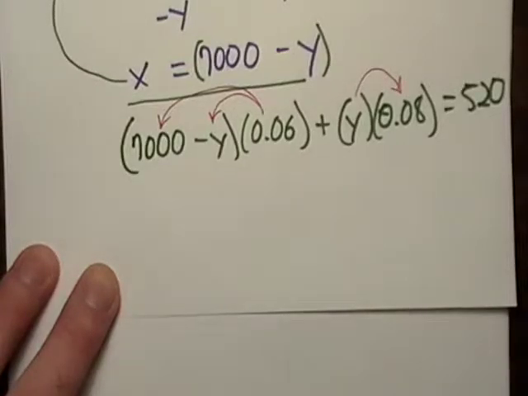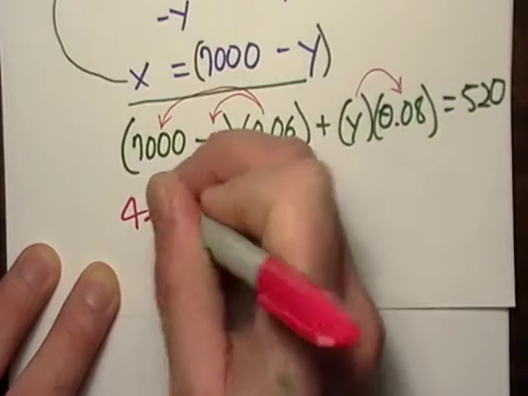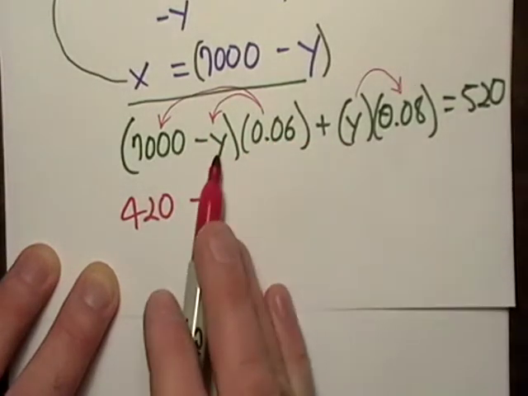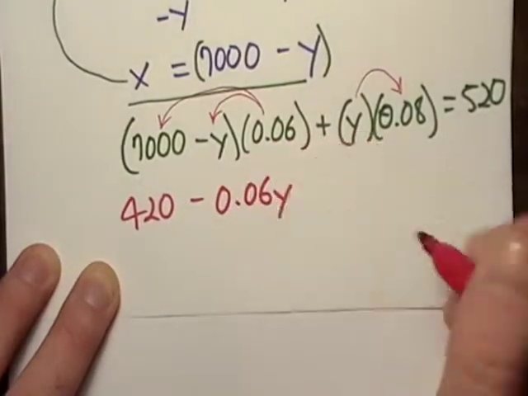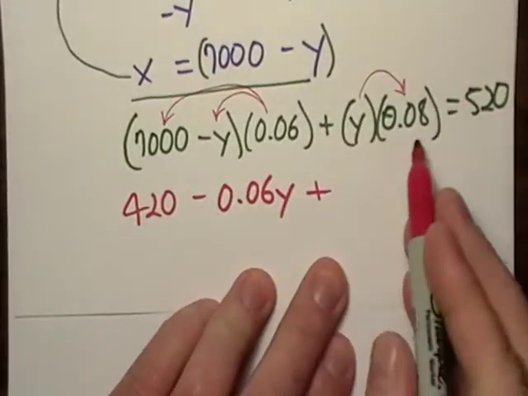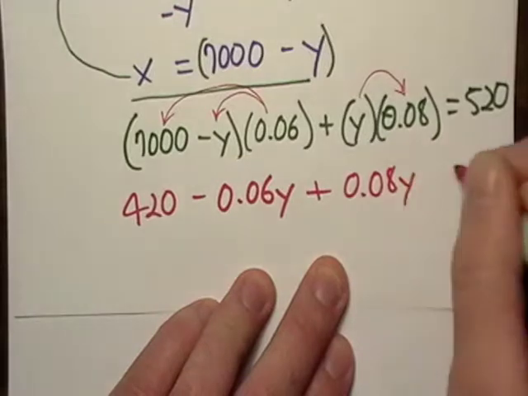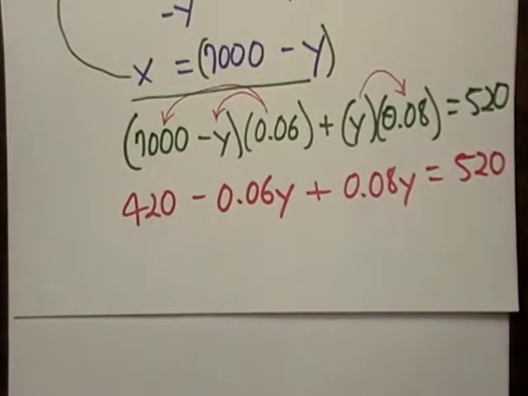I'm going to put 0.06 times 7,000, and that comes out to equal 420. Then 0.06 times negative y, and 0.08 times y, equals 520.